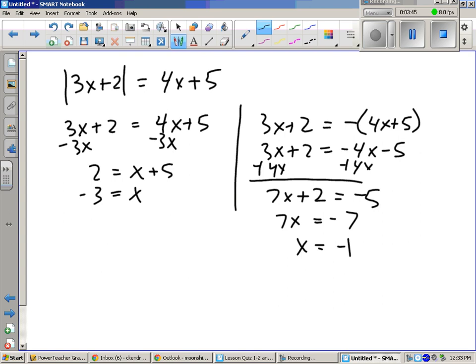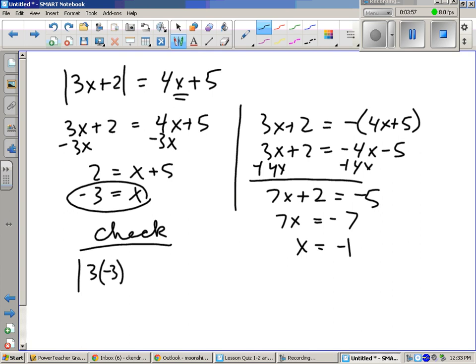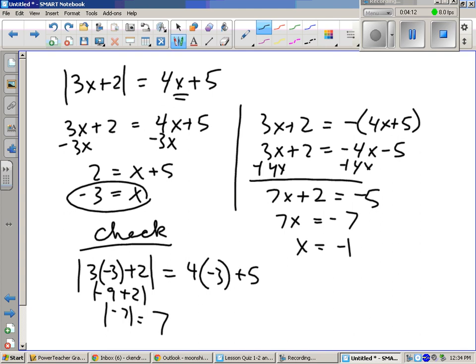Now because we have an extra x out here, you need to check the answers. I'm going to put -3 in up there, so I get the absolute value of 3 times -3 plus 2 equals 4 times -3 plus 5. So that makes -9 plus 2 in the absolute value, which would be -7, which would be 7 on the left.